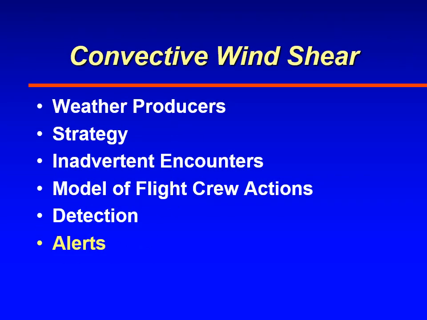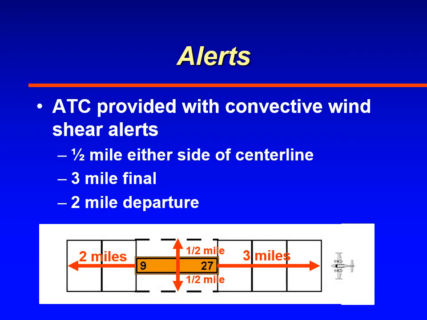Next, we'll talk about the alerts that are provided by air traffic control. Air traffic control, specifically the control tower, will provide convective wind shear alerts for the departure and arrival corridors of particular runways that have wind shear detection capabilities.